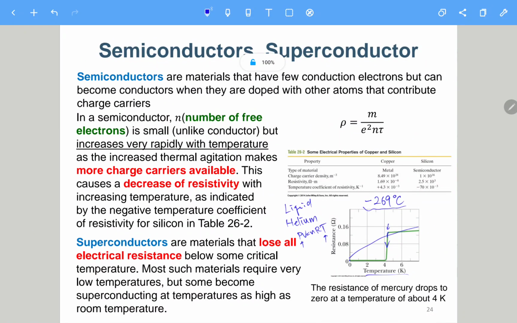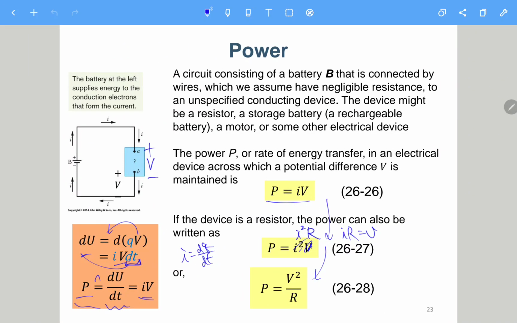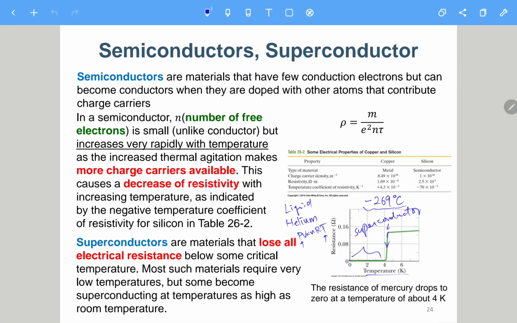Later on we called this thing the superconductor, because it does not have any resistance, which means it doesn't have any loss. Here it tells you that if we have resistance, we will have power loss. It will consume energy. But if it doesn't have any resistance, then it doesn't consume energy at all.